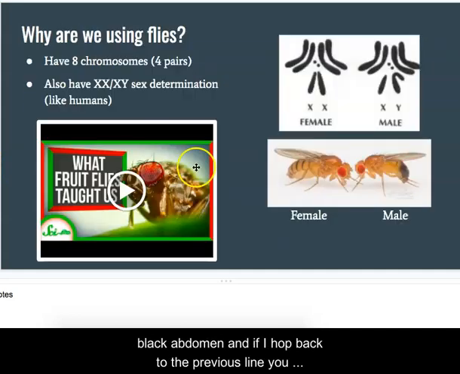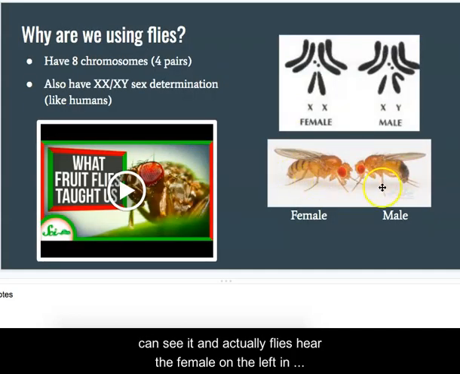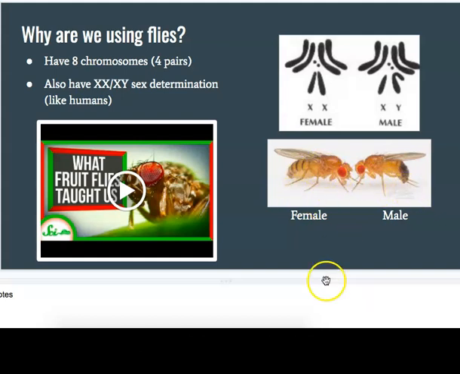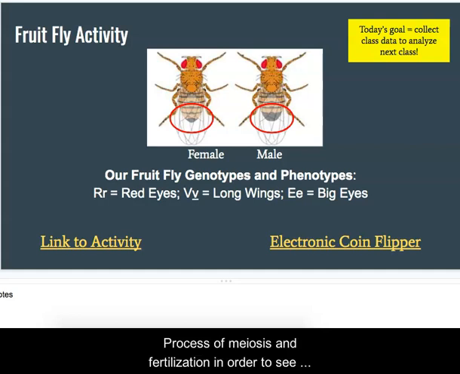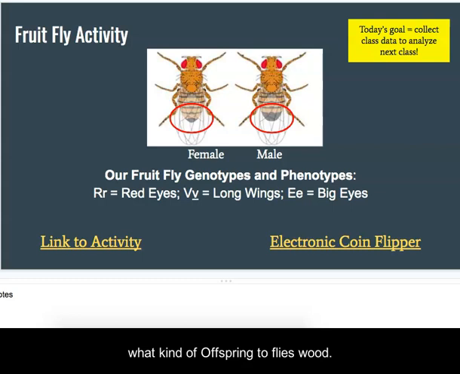And if I hop back to the previous slide, you can see it in actual flies here, the female on the left and the male on the right. But our goal today is to do the process of meiosis and fertilization in order to see what kind of offspring two flies would make.